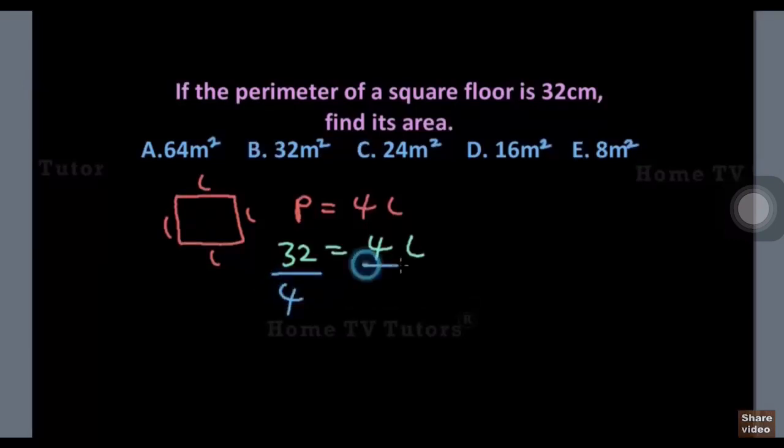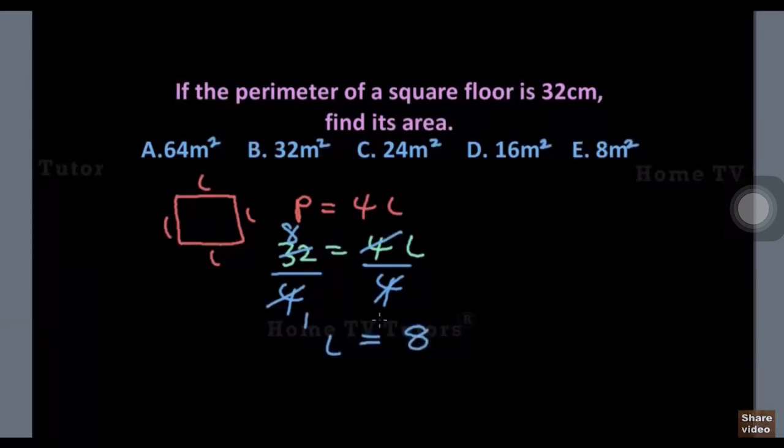It means one side is 8. If you add all four sides together, it gives us 32. We have to find the length of one side before we can determine its area.